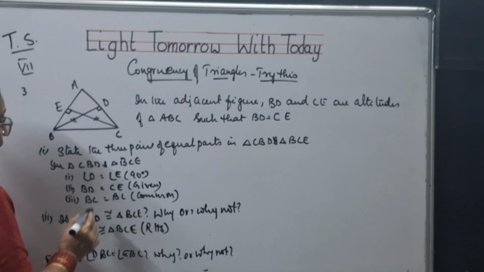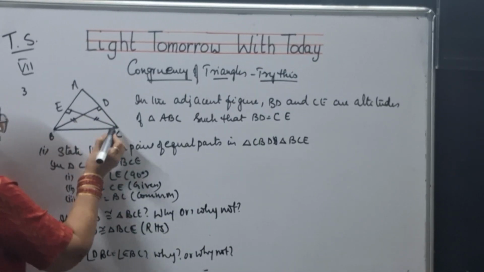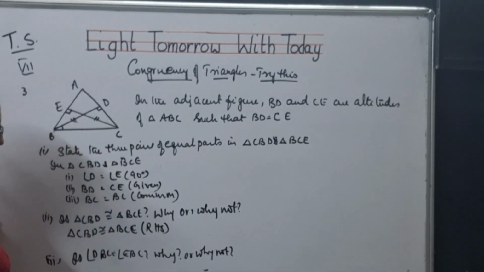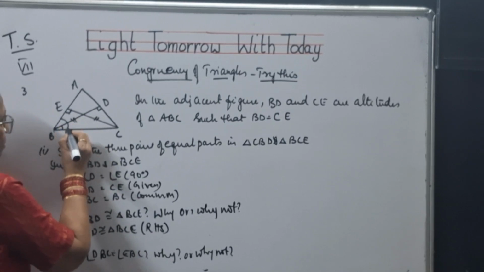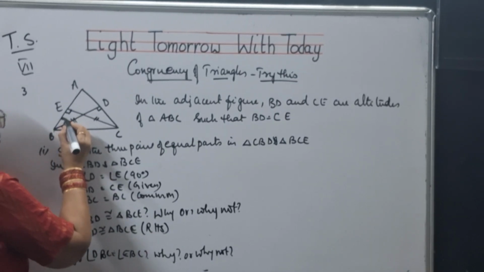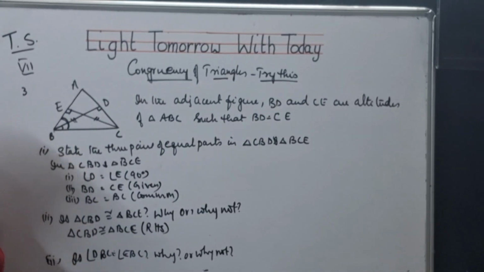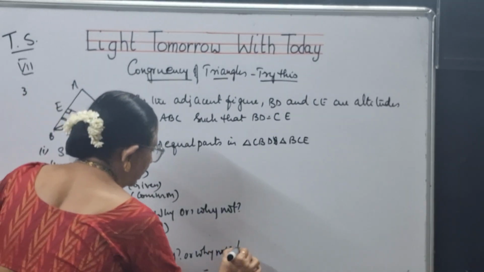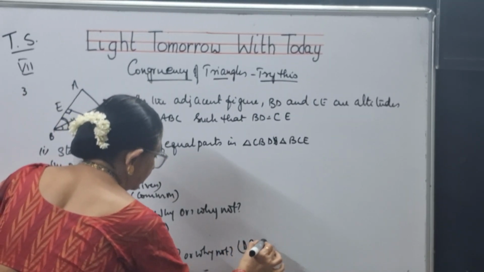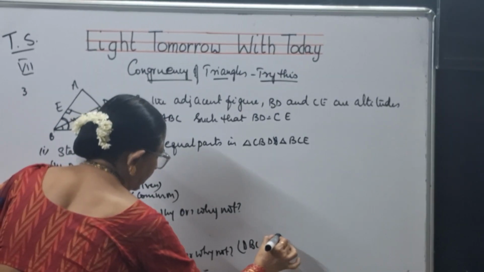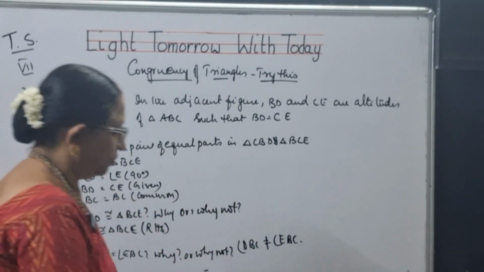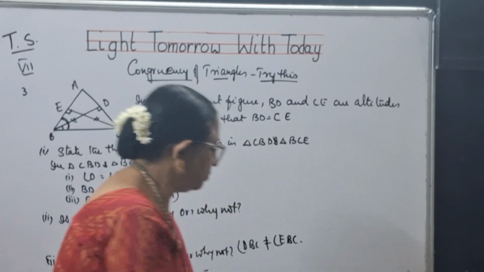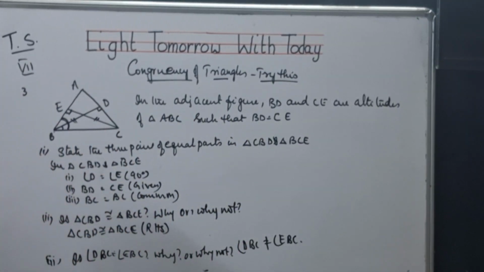Now is angle DBC, see angle DBC is this angle and angle EBC. Angle EBC is this angle, children. Are they equal, children? Never, they are equal. So we will say that angle DBC is not equal to angle EBC. So these are the solutions for this problem, children. Please copy this. This is third one.